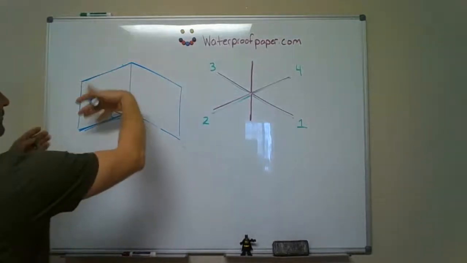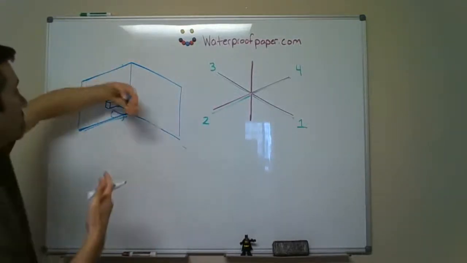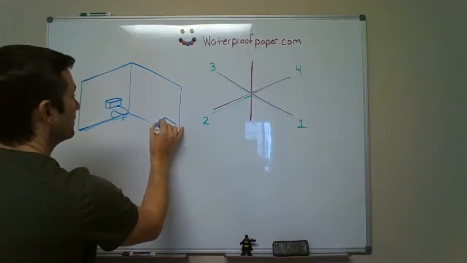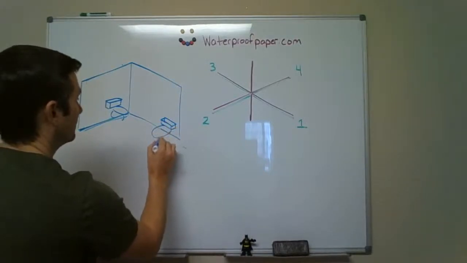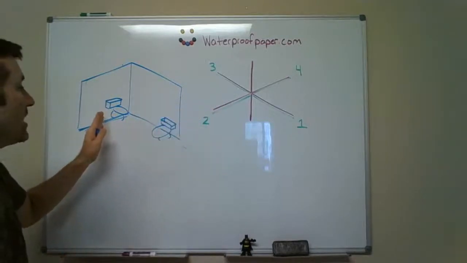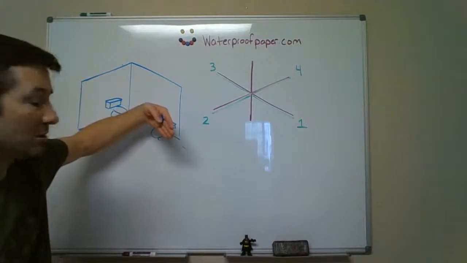If this was the same wall and we just rotated it around, the toilet is going to be facing 2. See how the toilet's coming out? We didn't change anything. We took the wall and rotated it around to 2.